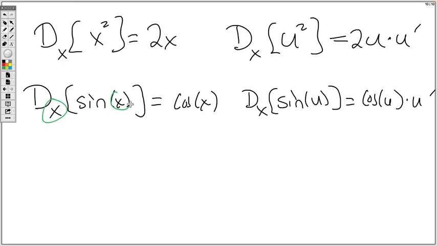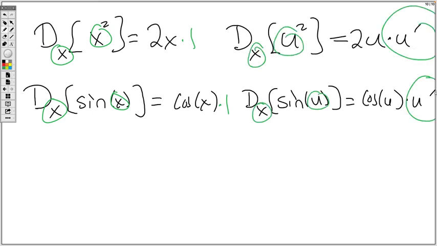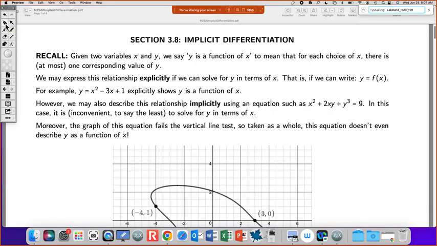So when the letters match, we're just essentially multiplying by 1, because the derivative of x with respect to x is 1. If we've got something else and the letters don't match, then chain rule says we have to kick out that derivative. Is everyone cool with that? This is pretty much what we're doing today. All right? It's more chain rule, but chain rule that looks kind of like this.